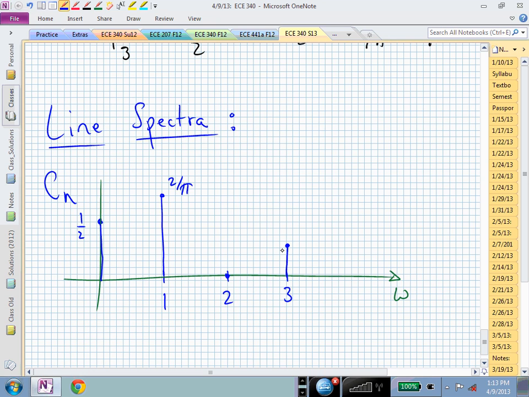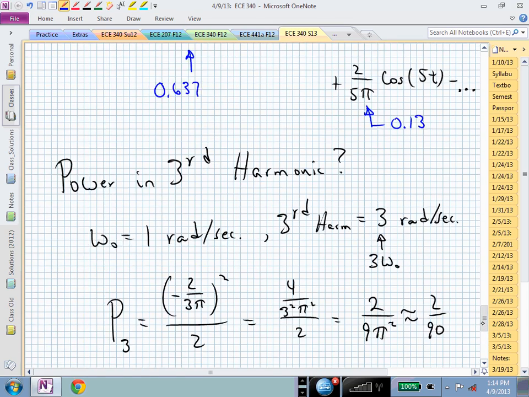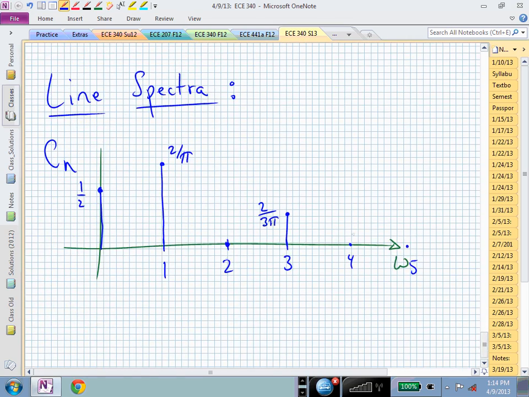Let's just say that's right here, and this is now 2 over pi divided by 3, 4, 5, and 5 is now this value that's about 0.13.